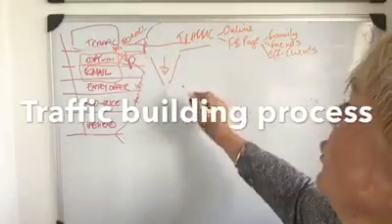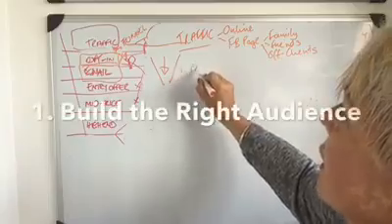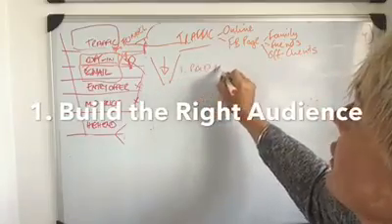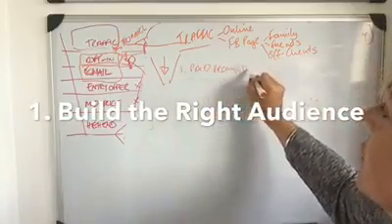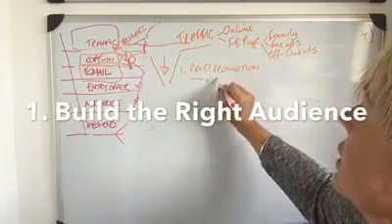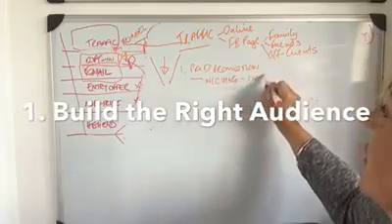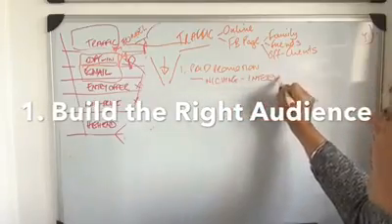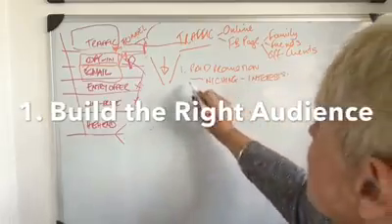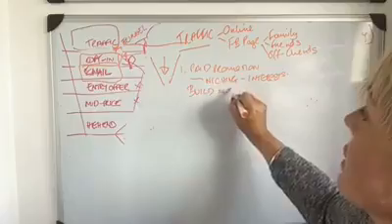Now, that doesn't mean you buy likes, but it does mean that you will probably run some kind of paid promotion to the right audience. And we've already talked about niching the audience so we know their interests and their age and stuff like that, to actually build an audience for your online product.